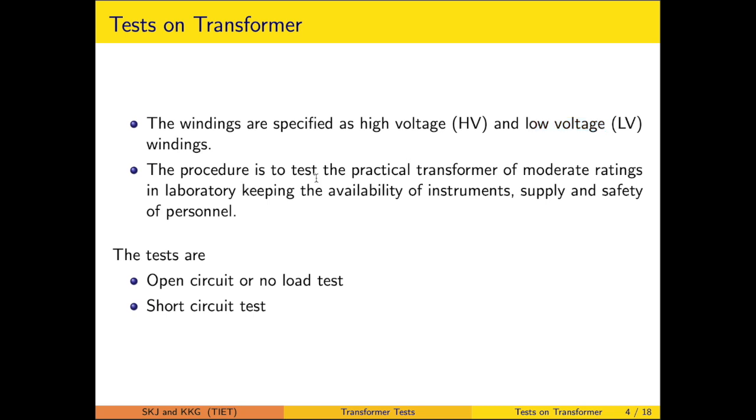It has already been highlighted that the test has to be carried out keeping in mind the availability of the measuring instruments, supply and the safety aspects. So two tests are carried out, the open circuit and the short circuit tests. These tests are sufficient to give us detailed information about the equivalent circuit parameters and the performance measures we discussed previously, such as the efficiency and the voltage regulation.